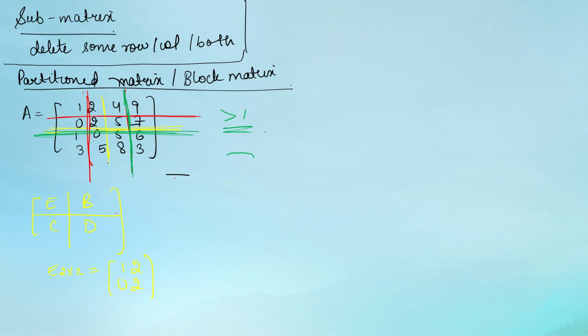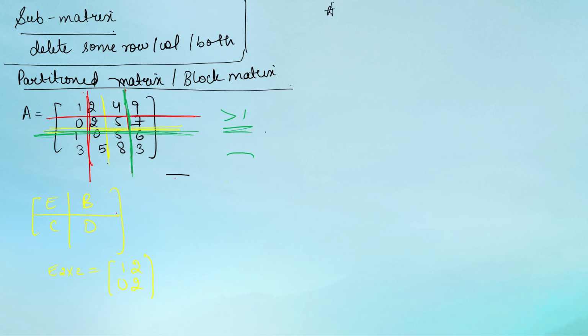Now, how to divide it in a judicious way. Let's say we have two matrices A and B, and they need to be multiplied to get a product, because ultimately you will get a question only. You'll not get your partition.